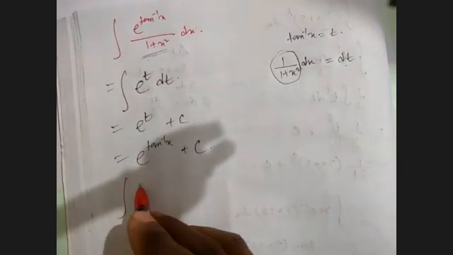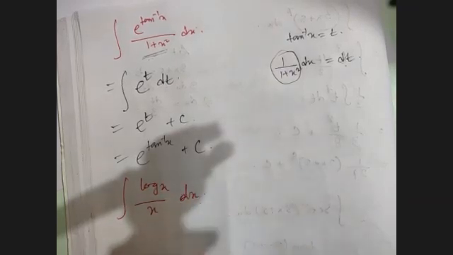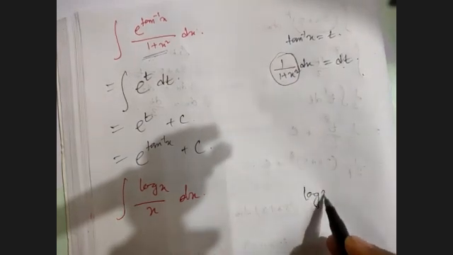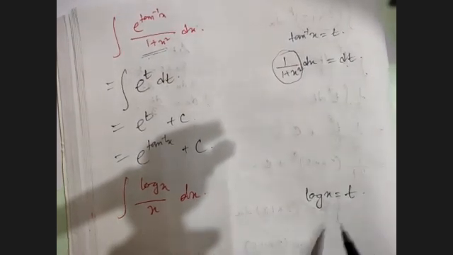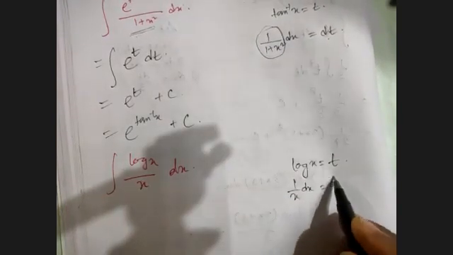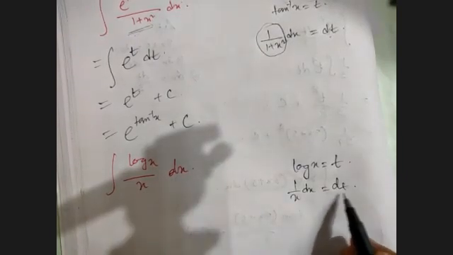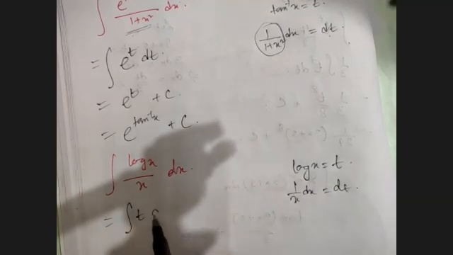Similarly, if it is given integration of log x by x dx, which one will you take as t? Definitely you have to take log x equals t, because if you differentiate it, you will get 1 by x dx equals dt. So in place of dx by x, you can write dt. So it will become integration of t dt.